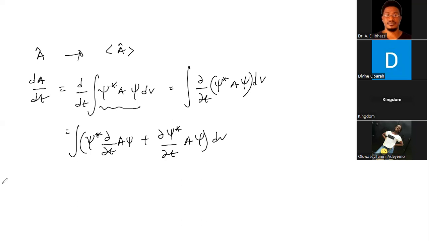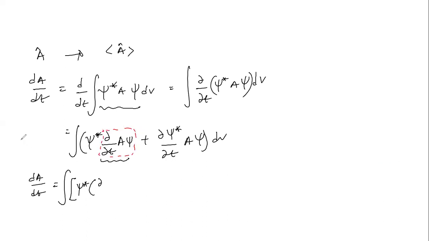Okay. And once again, using product rule for this expression, then we have that the time rate of change of the Hermitian operator is the same as the integral of psi conjugate, now operating on this parameter here, the partial derivative, then we should get more like U dV plus V dU, right?